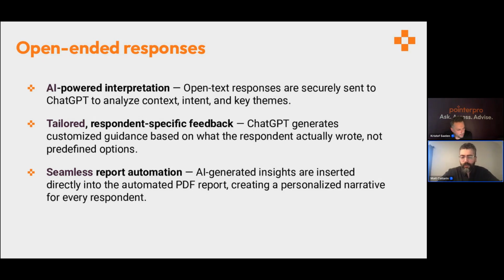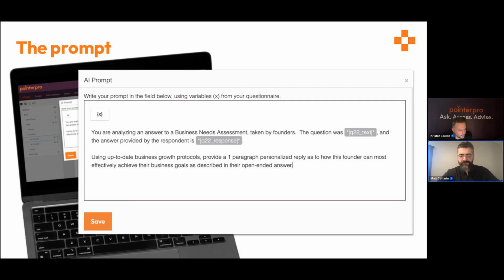Now let's look at the actual prompt example. Let's go to the next slide. Here's an example of a prompt using an open-ended response in this case. As you can see here, the prompt states, you're currently analyzing an answer to a business needs assessment taken by founders. The question was, and then you see a variable, auto-generated by our platform.